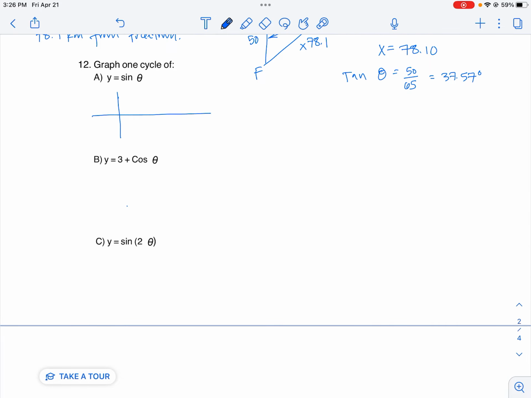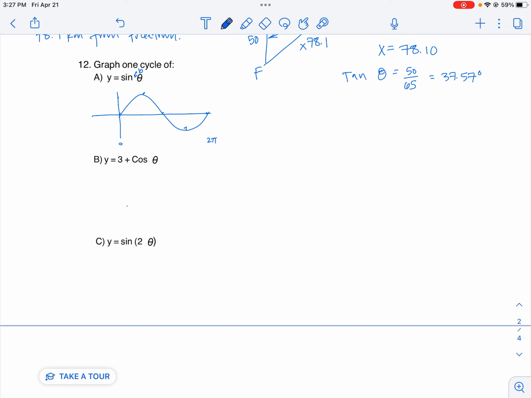Now we move into graphing, and I'm going to graph one cycle of the sine curve. Well, the sine curve looks like this, but it's not enough to just make a sketch. I want an accurate graph of that sine curve from 0 to 2 pi. I know that that's going to be the period because the b value in here is 1. The amplitude is 1, and the function hasn't undergone any phase shifts or moved up or down.